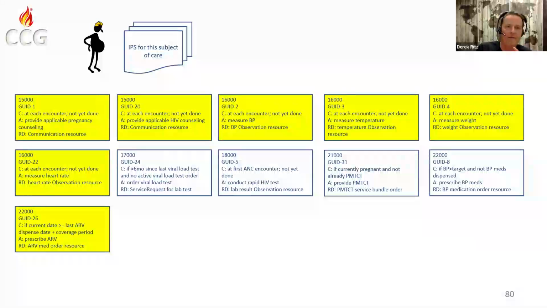So at every encounter, provide pregnancy counseling, provide applicable HIV counseling, measure the mom's blood pressure, measure her temperature, measure her weight, measure her heart rate. And if the current date is greater than the last ARV dispense date, plus whatever the coverage period was, renew her meds. So those are the cards that fired true.